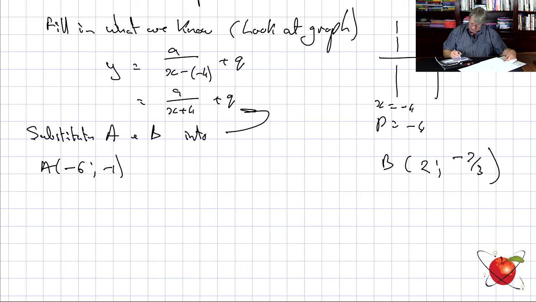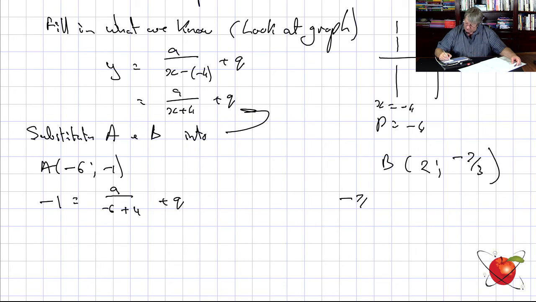This becomes y is minus 1, equal to a over x is minus 6, plus 4, plus q. This side we get minus 7 over 3 equals a over 2 plus 4, plus q.